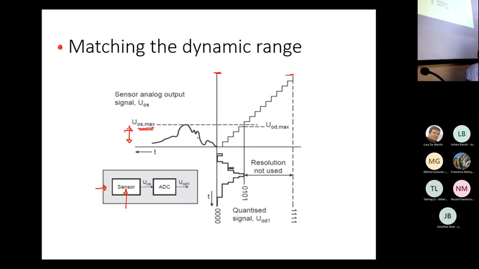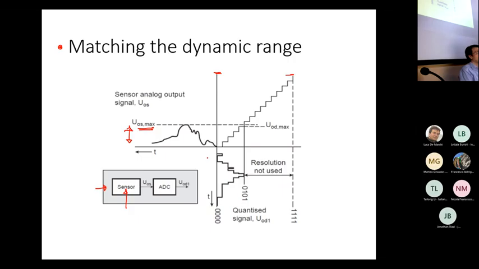The actual resolution of the system will be limited to a few bits. You see that there is a poor correlation between the resulting digital signal and the analog one. We are losing a lot of detail.